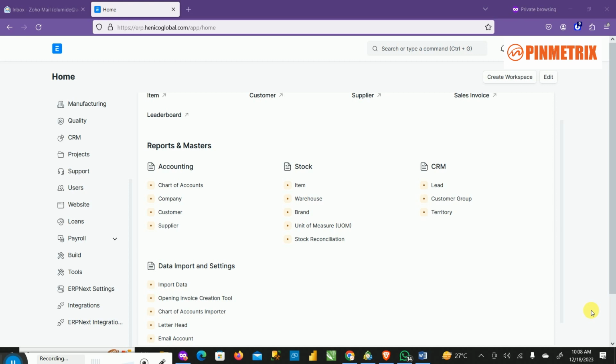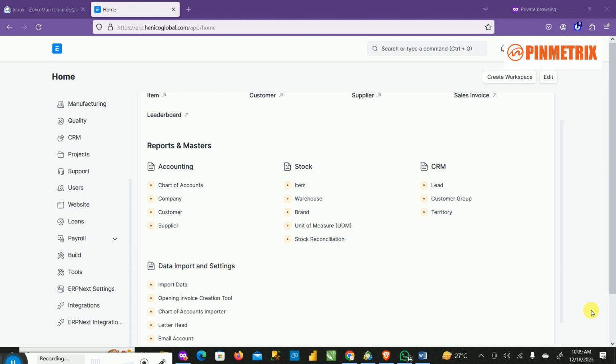Now, depending on the period of time that these products are being borrowed, you also need to have a warehouse that you are taking this product into, and maybe you are making sales from it. For instance, I can have two or three people that I borrow this product from. I'm going to use the example of one of my clients, Henico Global. Henico Global has this kind of process.